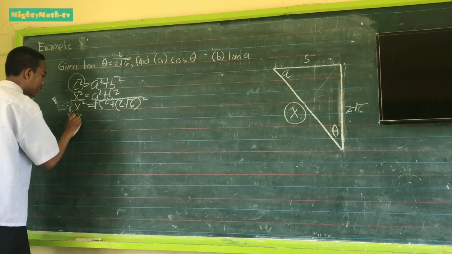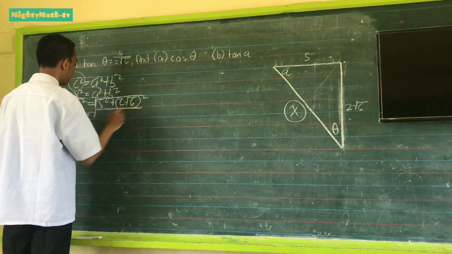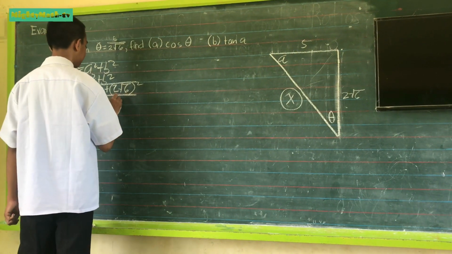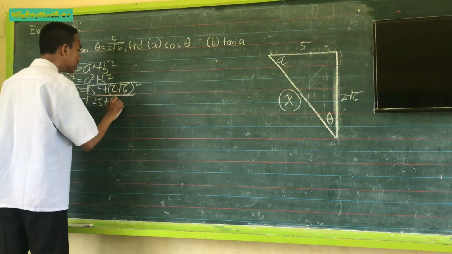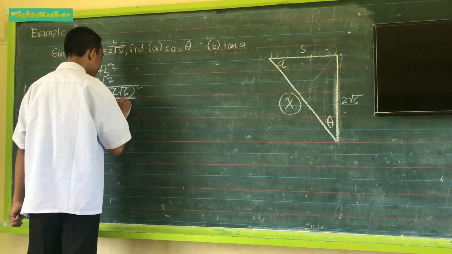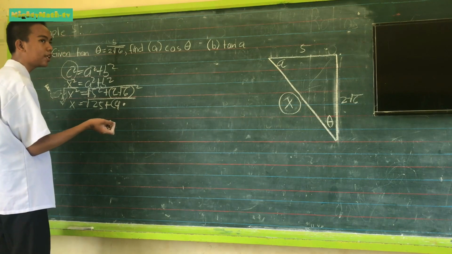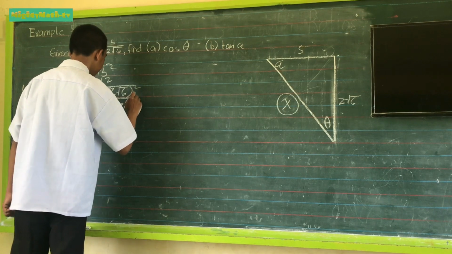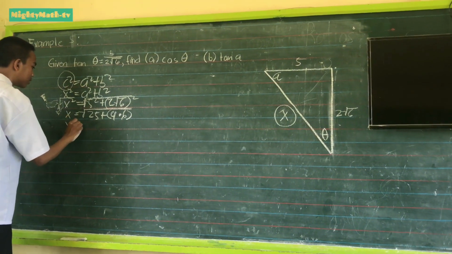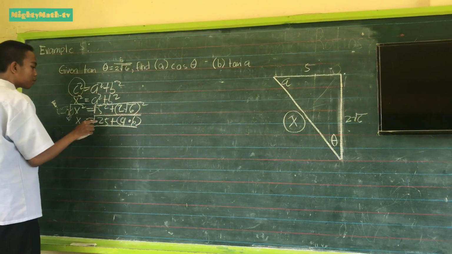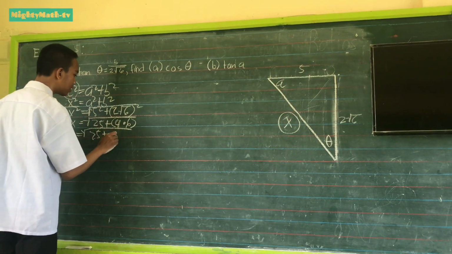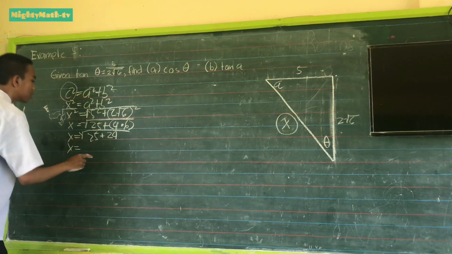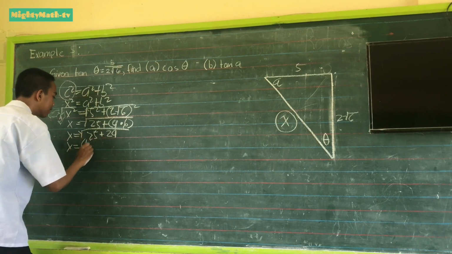So x is equal to square root of 5 squared, which is 25, plus the square of 2, which is 4, times the square of square root of 6, which is 6. 4 times 6 is 24. 25 plus 24 is 49.